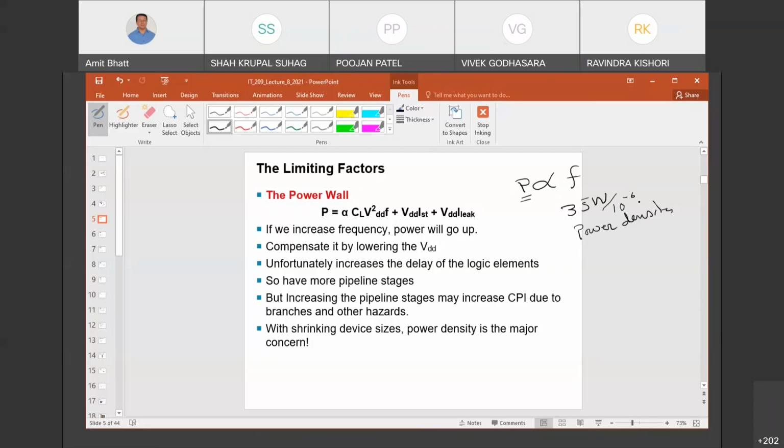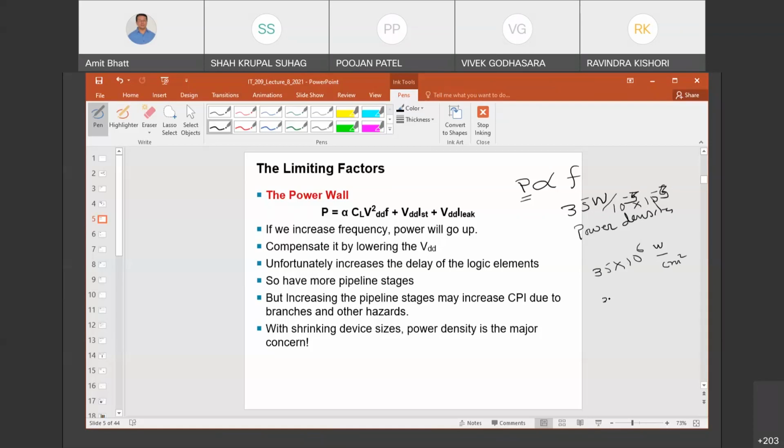Okay, fine. Sorry. So if you want to find out power density, per centimeter square, 1 micron is a fairly large size. So you will get 35 multiplied by 10 raised to 6 watts per centimeter square. So what is this?